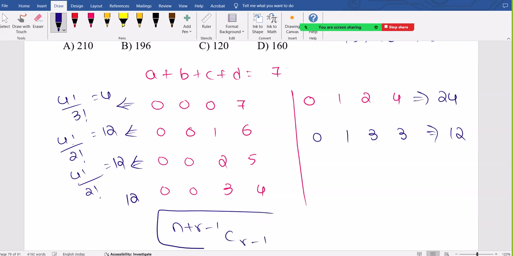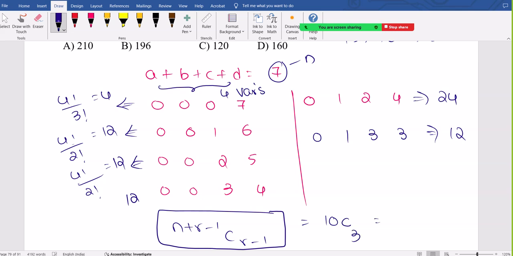When 0 is involved, n plus r minus 1 C r minus 1. Here n is this value. r is nothing but how many variables? 4 variables are there. Right? So 7 plus 4, 11. 11 minus 1 means 10. 10 C 3. 10 into 9 into 8 divided by 6. 3 factorial means 6. 15 into 8, 120 is your answer.